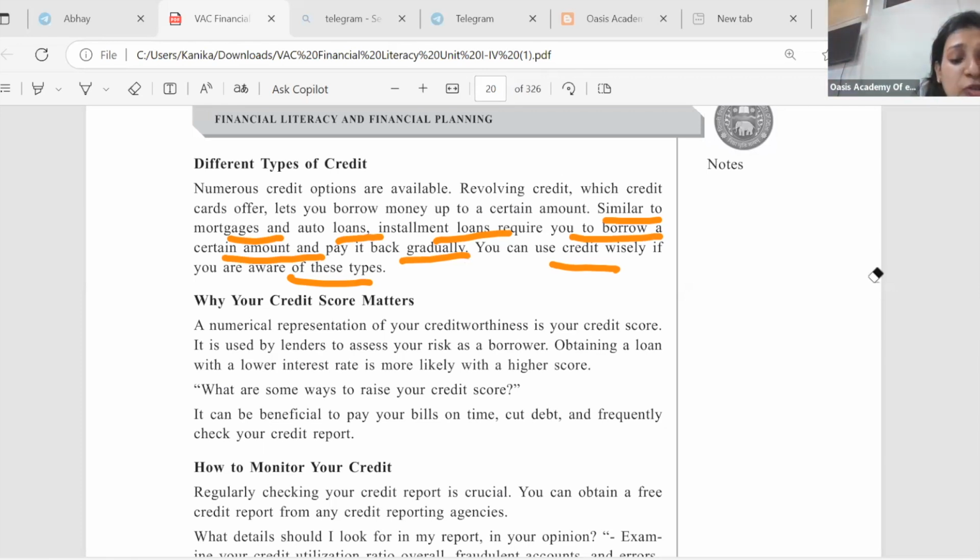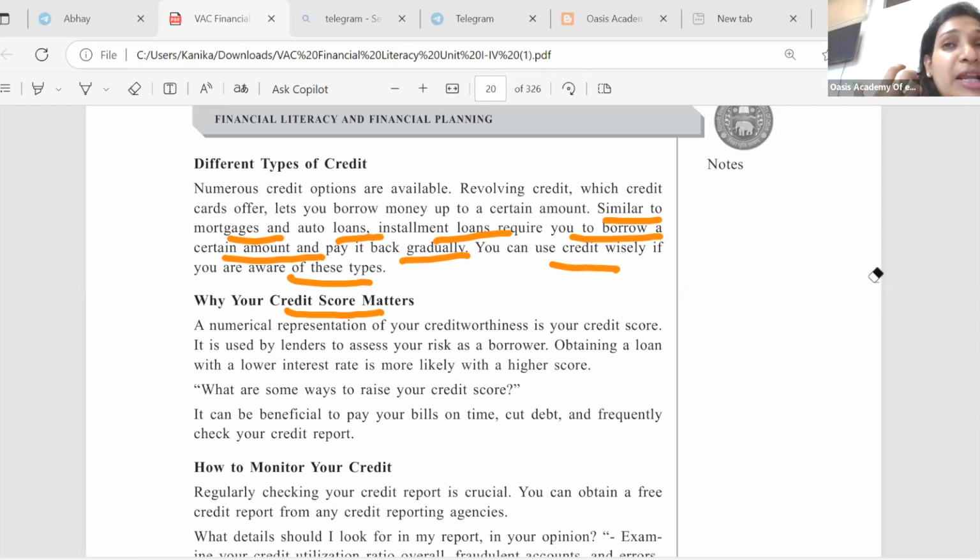Now, what do you mean by credit score? Whenever you take anything on credit, you make any purchases or receive anything on credit, they allot you a score. When they allot you a score, it means how good are you in taking credit?